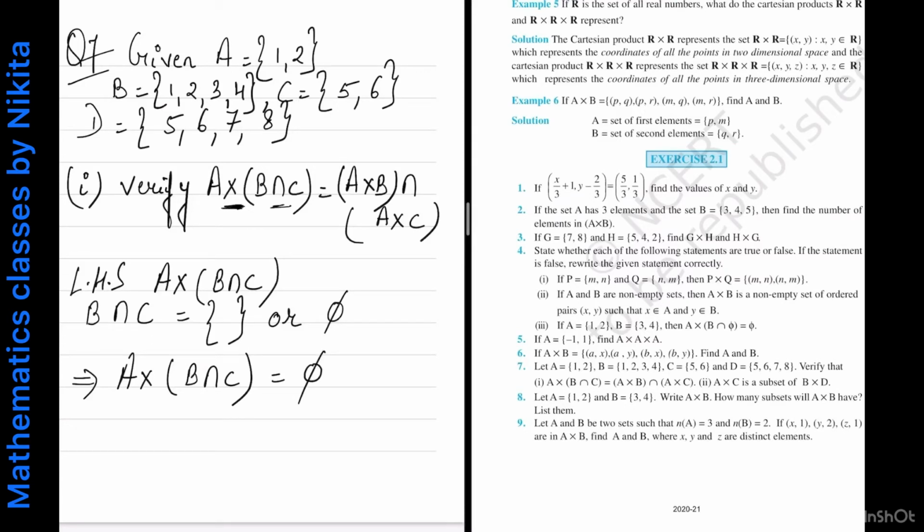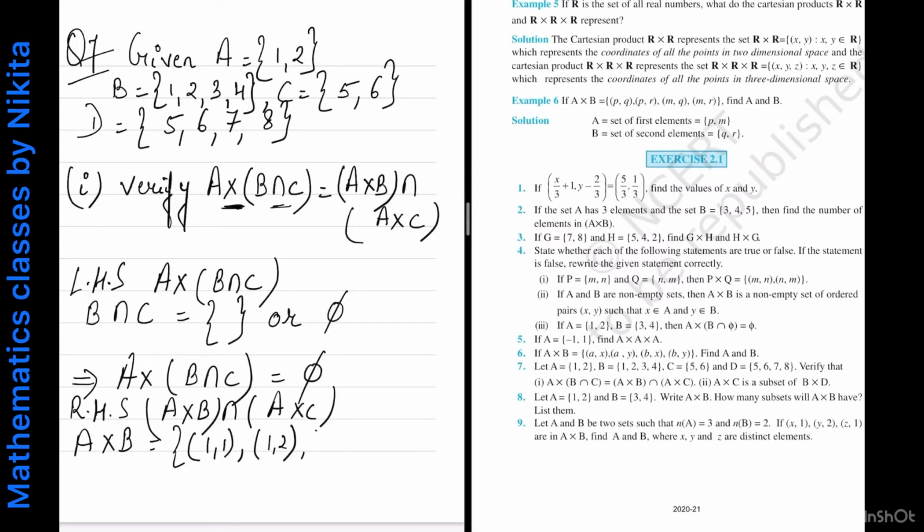Okay, now let's find the right hand side. For the right hand side we have to find (A cross B) intersection with (A cross C). So first of all, what is A cross B? A cross B is (1,1), (1,2), (1,3), (1,4), then you have (2,1), (2,2), (2,3) and (2,4).